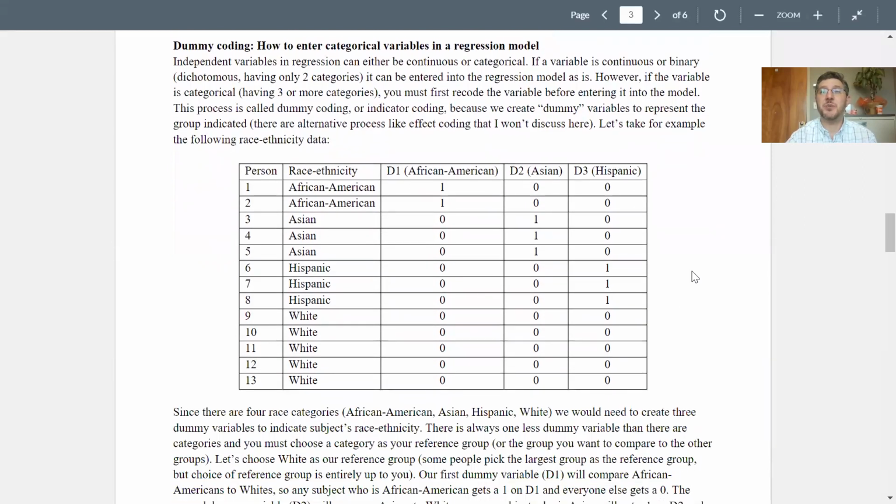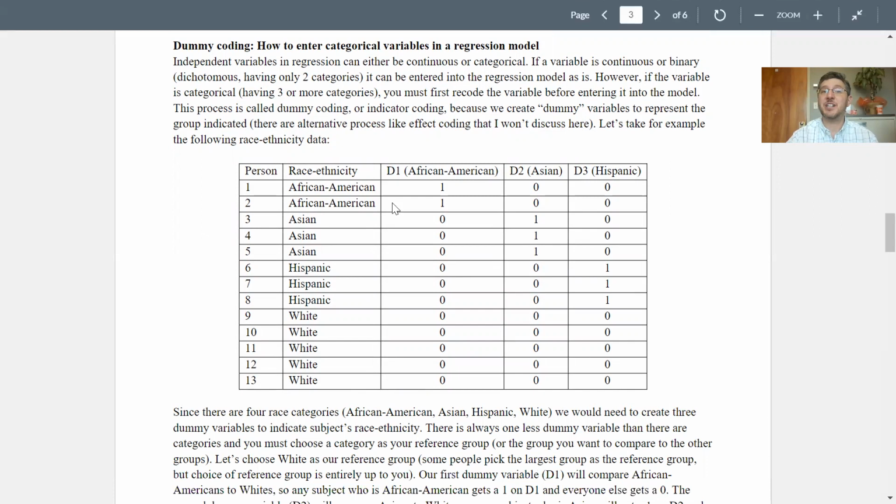Any variable that you enter in the regression model, it's going to assume it's either a continuous variable or a dichotomous variable. So if you have a categorical variable that has 3 or more levels, you have to do something called dummy coding or indicator coding to represent the different groups.